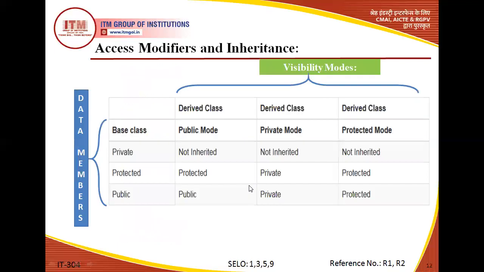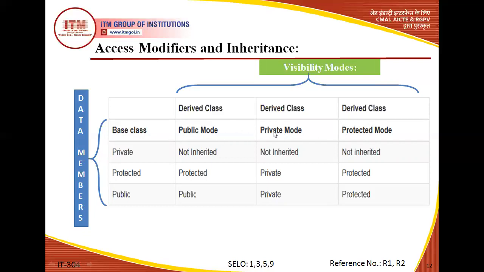Now let us move further. See, this is what I have been talking about, the access modifiers and inheritance. This is a very important slide, so take a closer look. What you find here are three visibility modes: public mode, private mode, and protected mode.